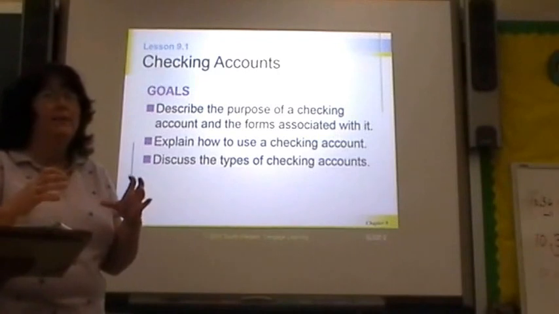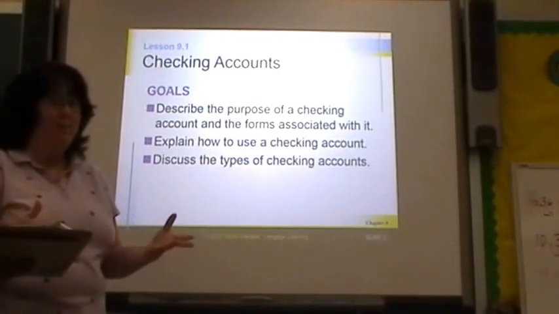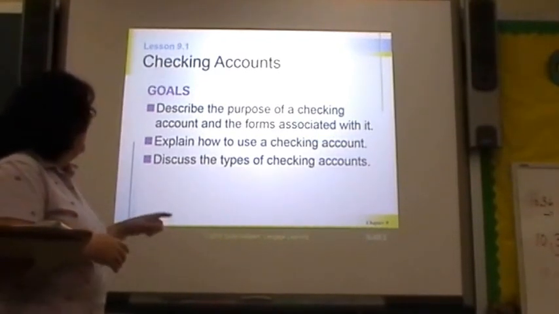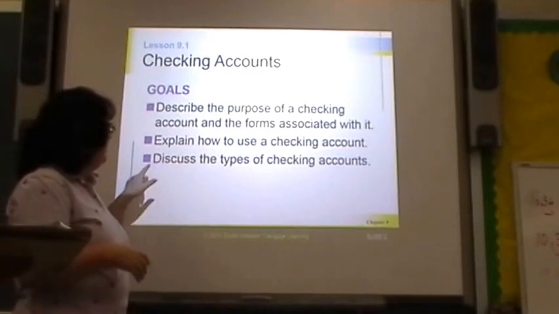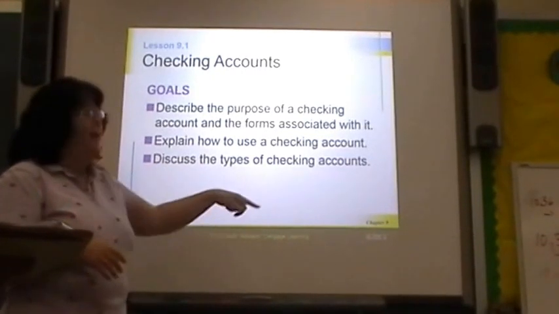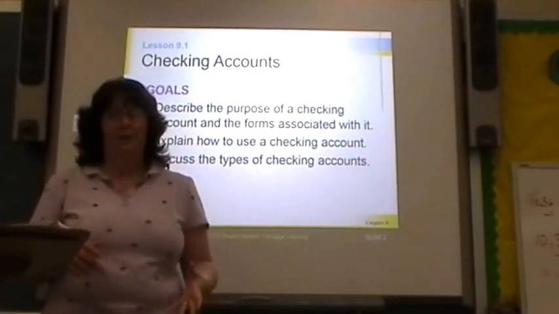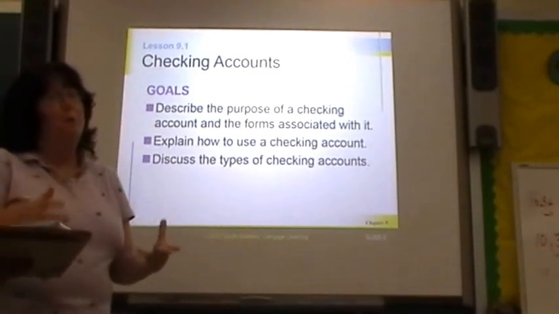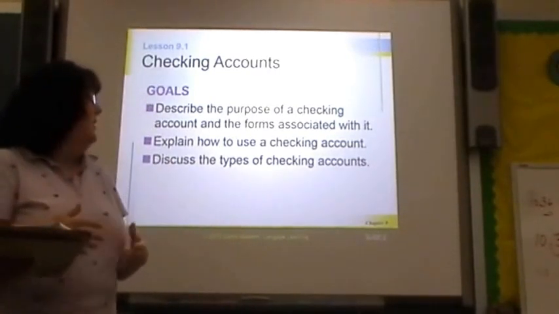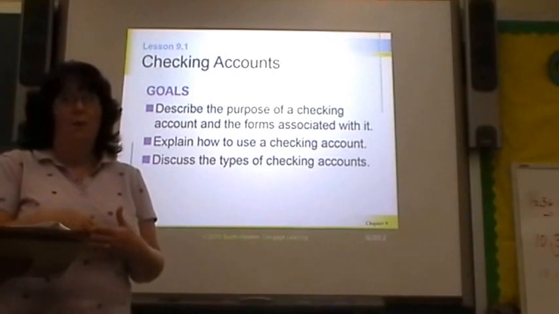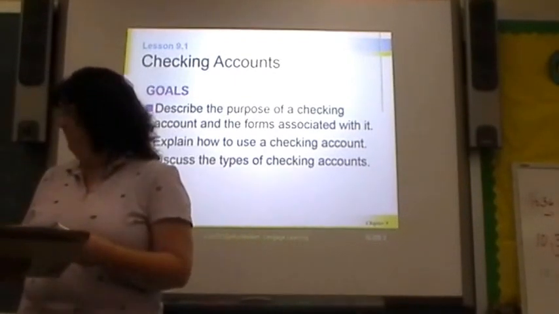They're going to look the same and the forms have the same purpose, so they're standardized forms. We're going to explain how to use a checking account, and we're going to discuss some of the types of checking accounts. There are several of them, so I'm going to post a separate document that you can go back to since there are so many types.